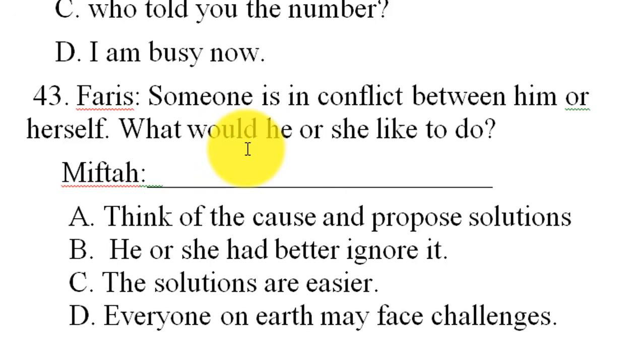Think of the cause and propose solutions. What is the cause and what is the solution for every cause? He or she had better not ignore it. If you ignore it, the problem spreads. Everyone on earth may face challenges. So the answer is: think of the cause and propose solutions.